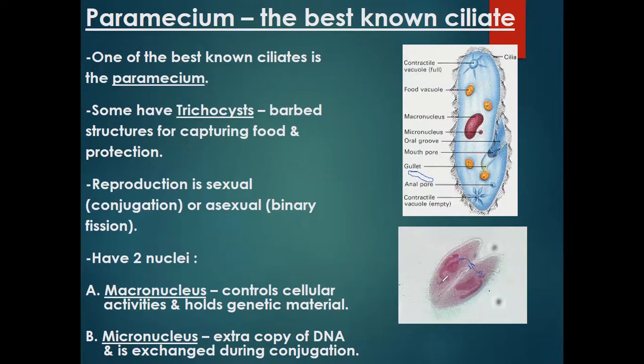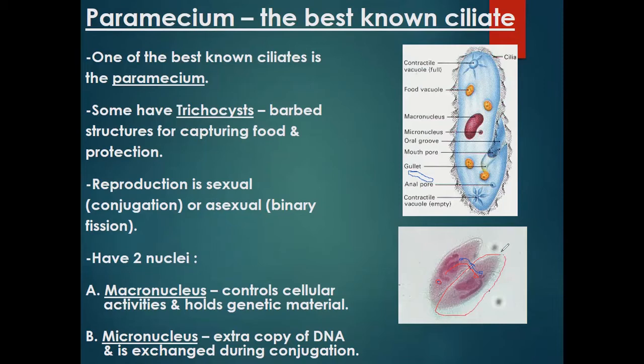At the same time, paramecium B will also donate its small nucleus to paramecium A, transferring it to the cell. Then that is conjugation.